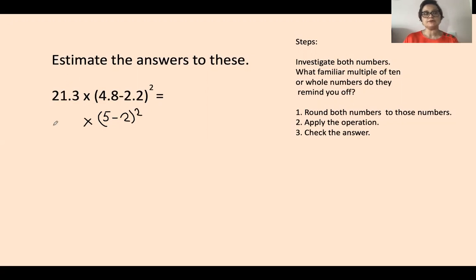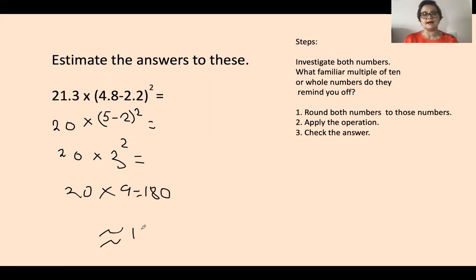Here, I'm going to do this as 20 to make it easier for me. There you go. And the whole calculation becomes 20 times, 5 take away 2 is 3, so 3 to the power of 2. We need to do the power first before we do multiplication, BIDMAS. So 20 times 9, and my estimated answer is going to be 180. So 180, and that's it. So this is the estimation to this calculation.